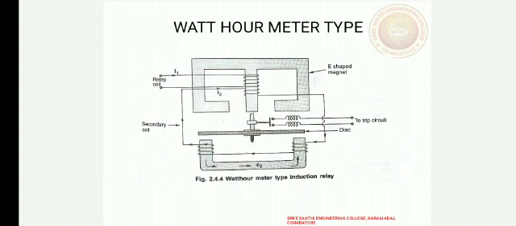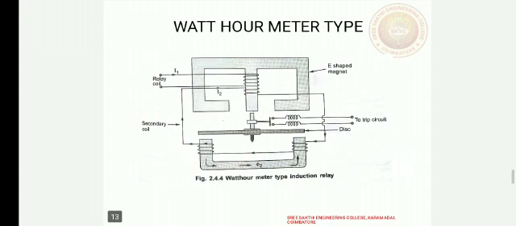The primary winding carries the relay current I1 which produces the flux phi1, and the EMF induced in the secondary due to this flux drives current I2 through the secondary. Due to this current I2, flux phi2 gets produced in the lower electromagnet. Due to the interaction of these two fluxes, torque is exerted on the disc and the disc rotates, which in turn contacts with the trip circuit, which opens the circuit breaker.